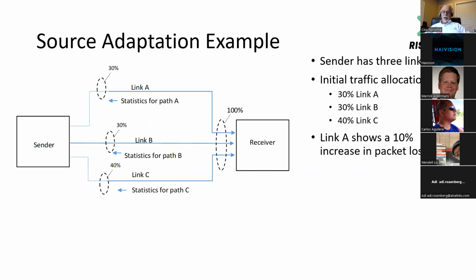So the receiver is saying that, okay, link A has gone downhill. This informs the sender, and the sender says, maybe I will adjust that. I'm going to put 20% on link A, and the other 10% I will spread over link B and link C. So you don't necessarily have to decrease the encoder bit rate. You can adjust your bonding in this case.